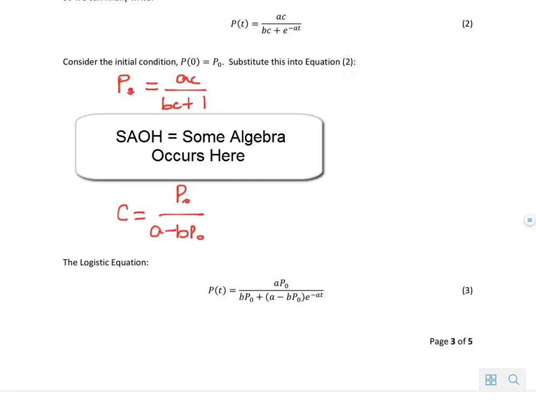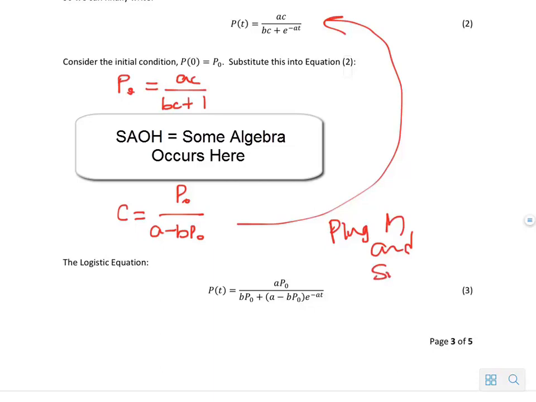But then I plug that all into here, and simplify, and guess what you get? You get this guy right there. Booyah. It is, from the original problem, if your differential equation was P times A minus BP, then P equals A P naught over B P naught plus A minus B P naught e to the minus AT.